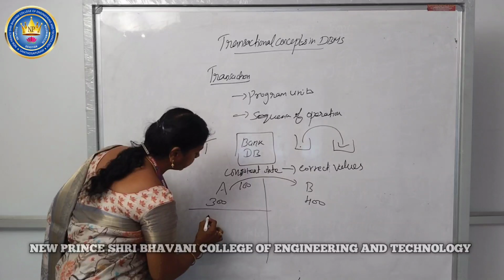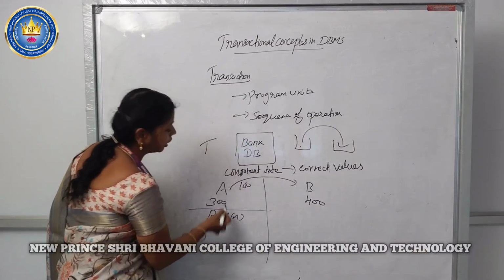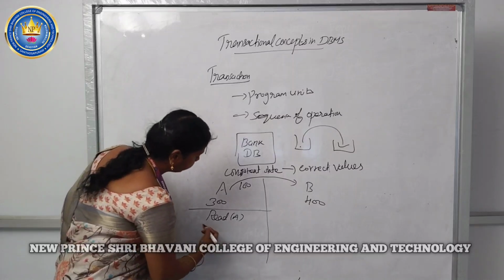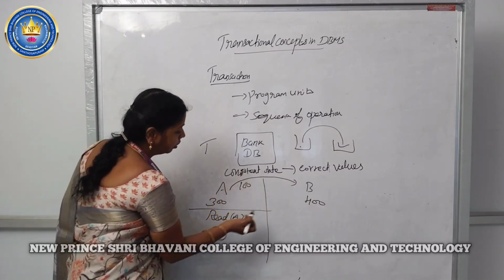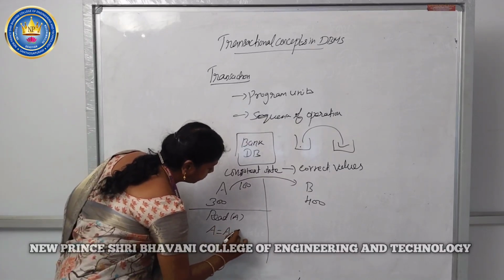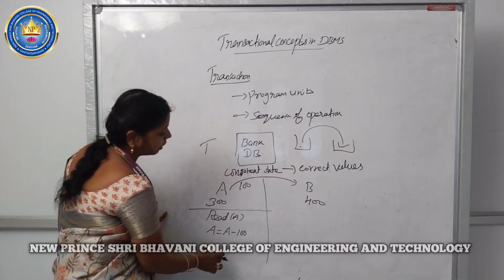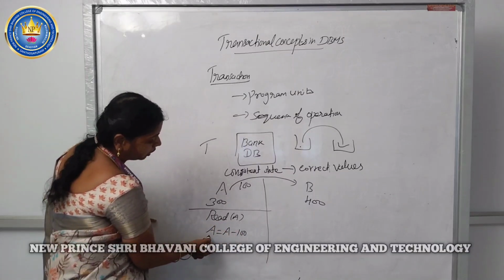For that we write the instruction read A. After that, we will debit 100 rupees from account A, so A = A - 100. That is, 100 rupees is subtracted from account A, and the remaining amount will be stored in A.